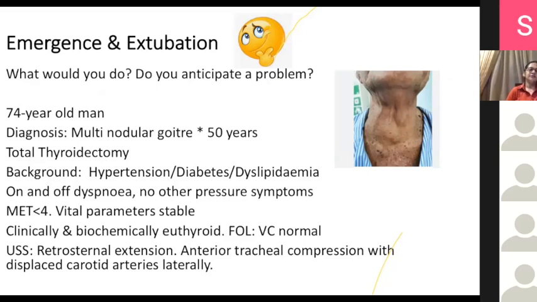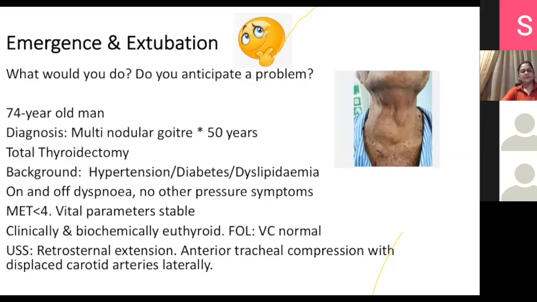So here's a 74-year-old man who was diagnosed with a multinodular goiter for 50 years, and he was scheduled to undergo a total thyroidectomy. His background, he's hypertensive, diabetic, and a patient with dyslipidemia. He complained of on and off dyspnea, but he had no other pressure symptoms.